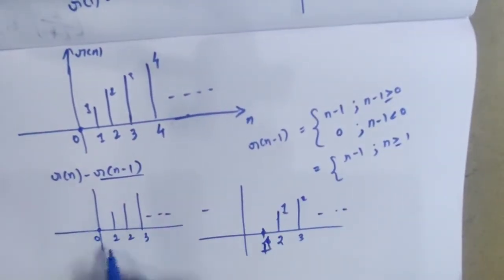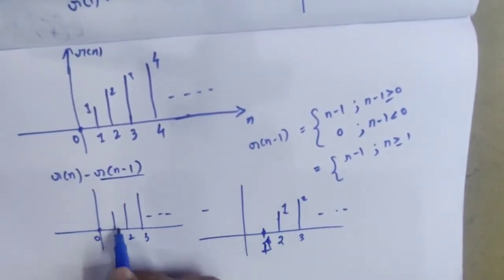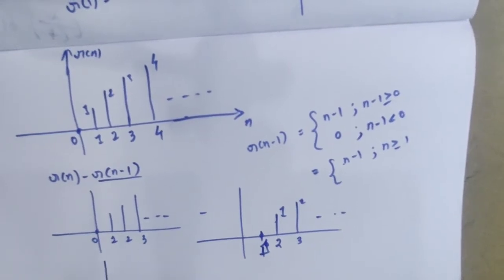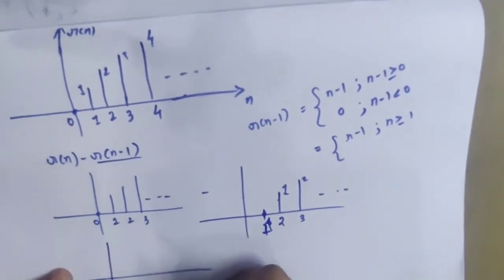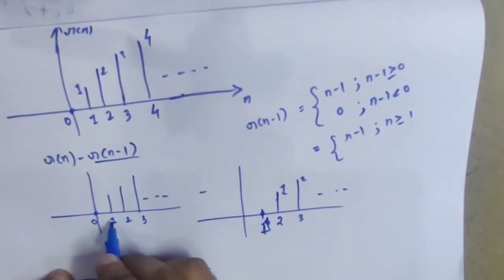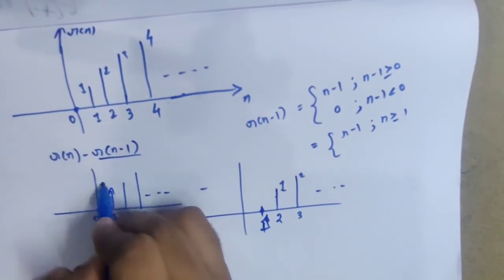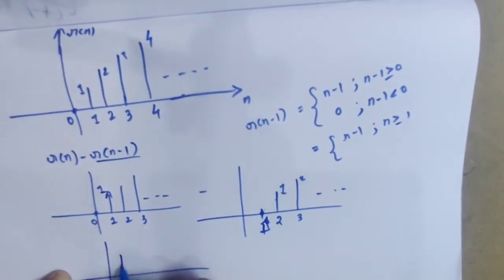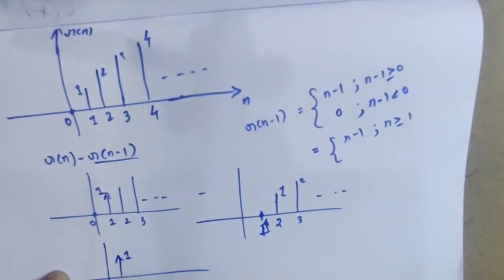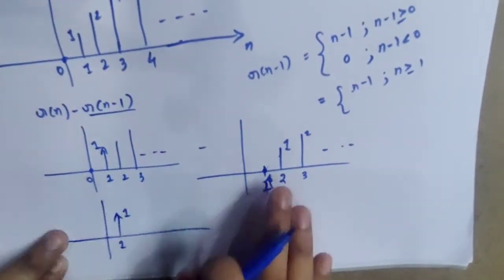Now if I subtract these two, at 1 what do we have? The amplitude is 1 minus 0, you will get 1. From 1 it is starting. At 0, 0 minus 0, 0.